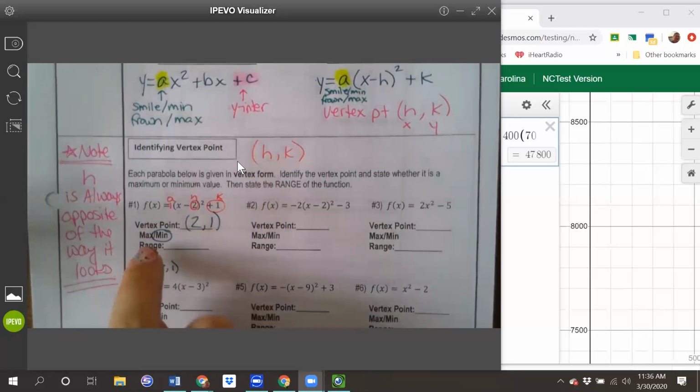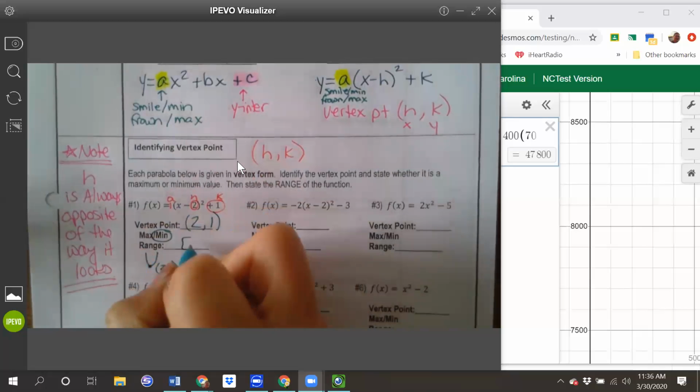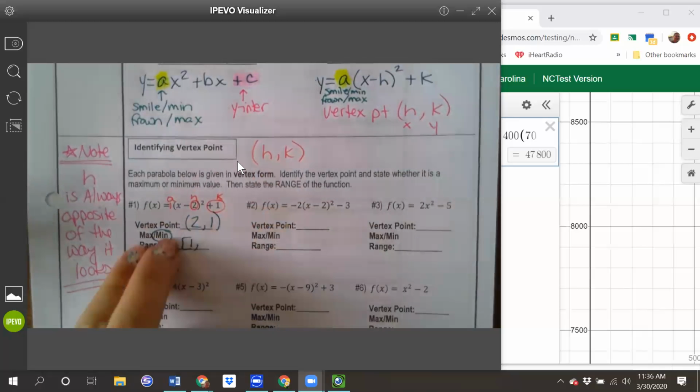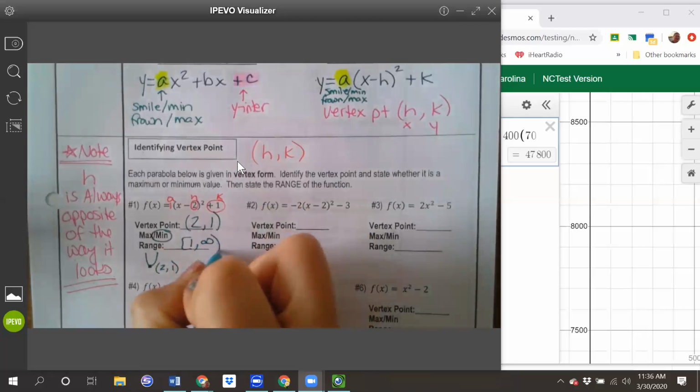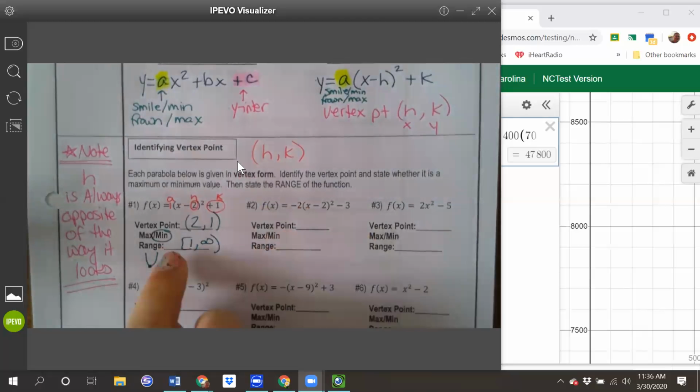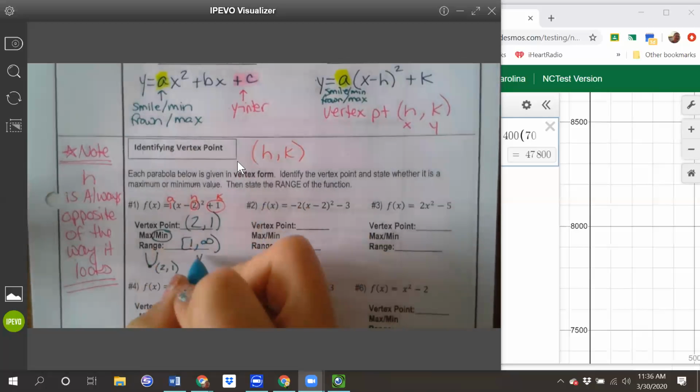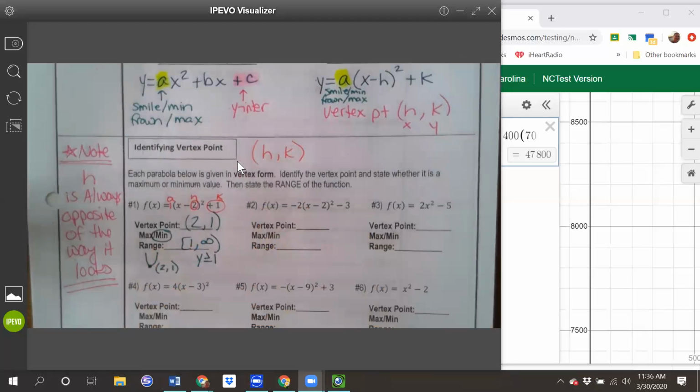I know that the lowest value is going to be the minimum value at 1, and then the smile is going to go up forever and ever, which means infinity. And if you prefer an inequality, y's are going to have to be greater than or equal to 1.